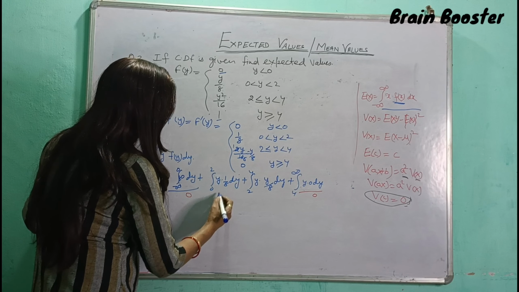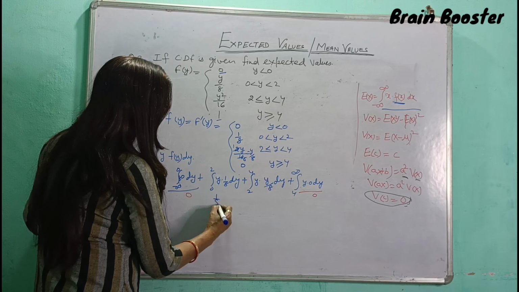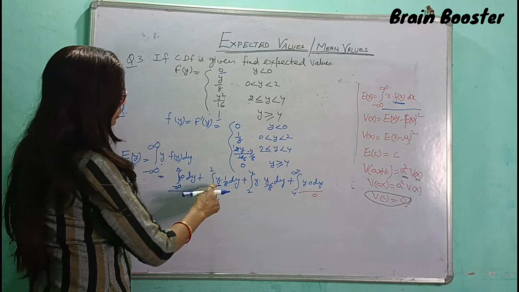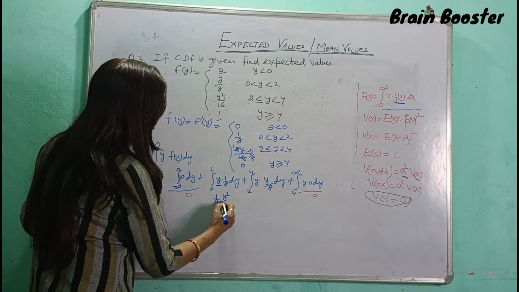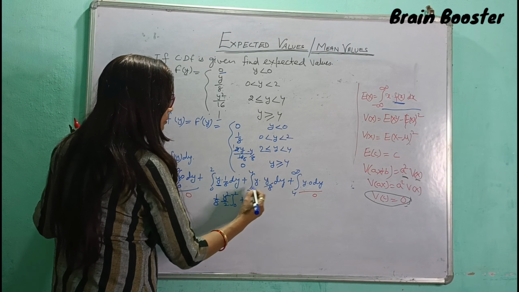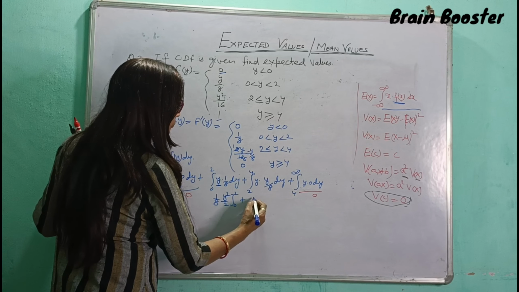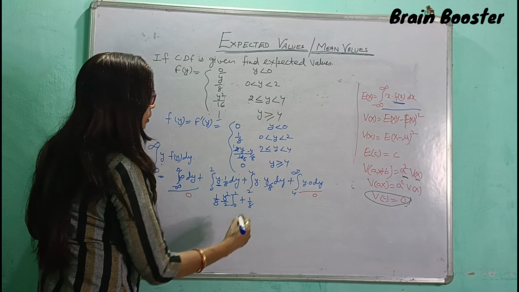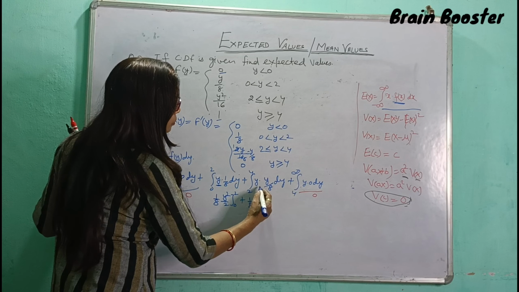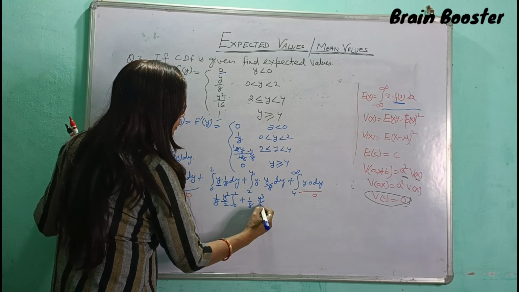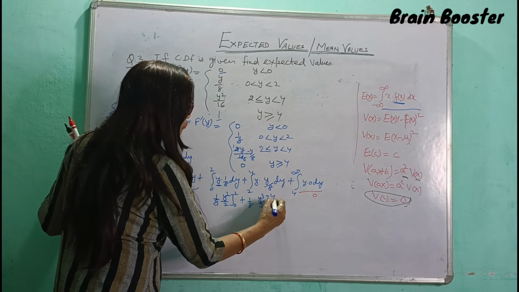Now y, take it out, 1 by 8 is constant, take it out, and integration of this will be y square by 2 from 0 to 2, plus this one will become y square. Take 1 by 8 out of the integration, and y square integrates to y cube by 3 from 2 to 4.